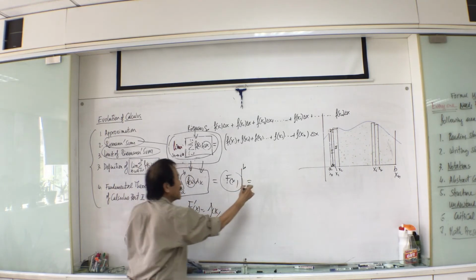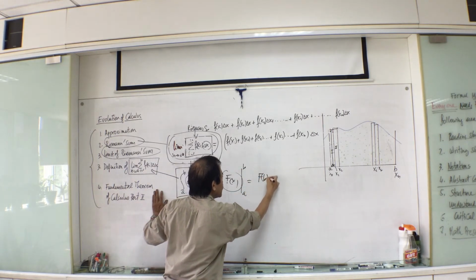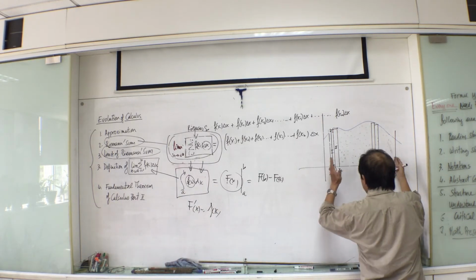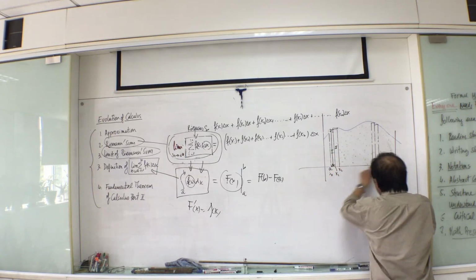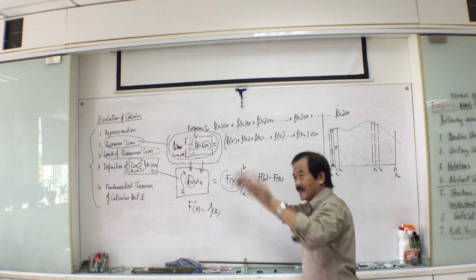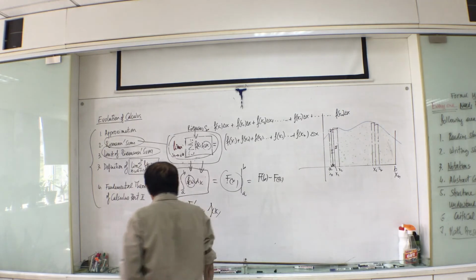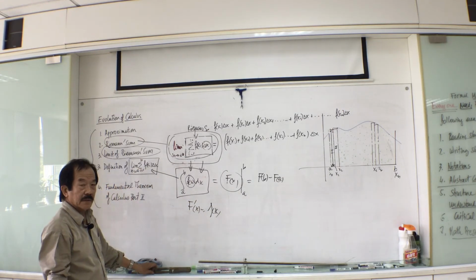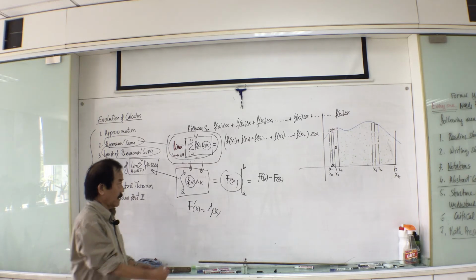Which means F of b minus F of a. So you need to know the antiderivative at b, you subtract the antiderivative at a, and you have this without anything in between. You don't care. That is wonderful. So these are the most important discoveries and applications.